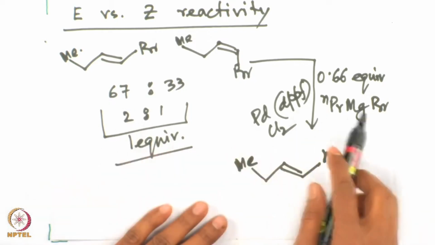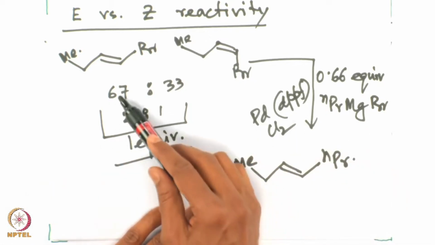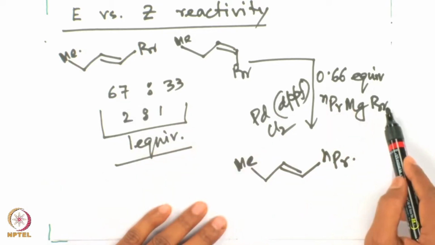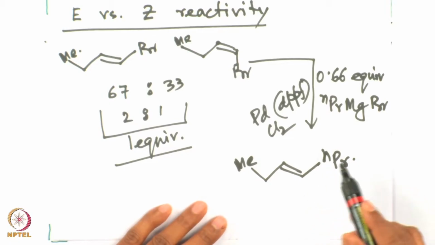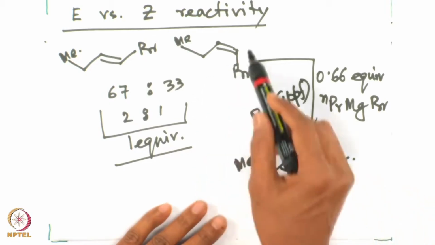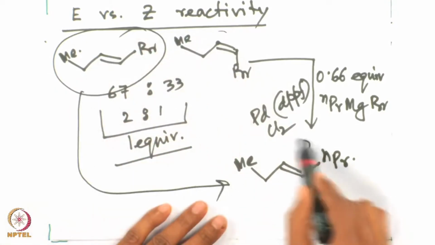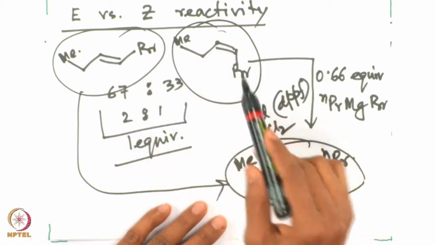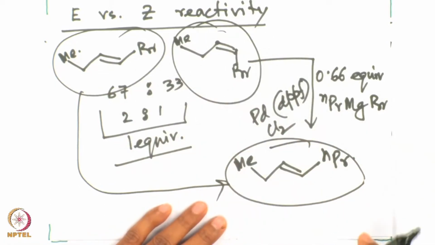So, the 0.67 equivalent reacts with 0.66 equivalent of N-propyl magnesium bromide to selectively give this product in trans geometry, and this starting material is selectively 100% converted to the product. This reagent, although similar, is the cis one and is not reacting at all for the product formation.